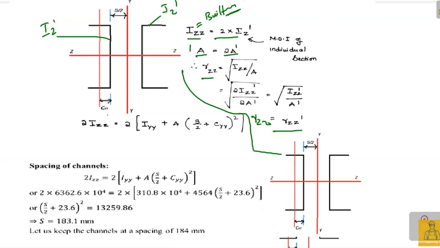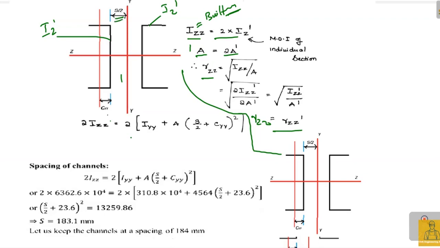So from this figure, let us write this simple equation. See here, the spacing between the center axis YY and this channel section is S by 2. That is what we have written here, right?